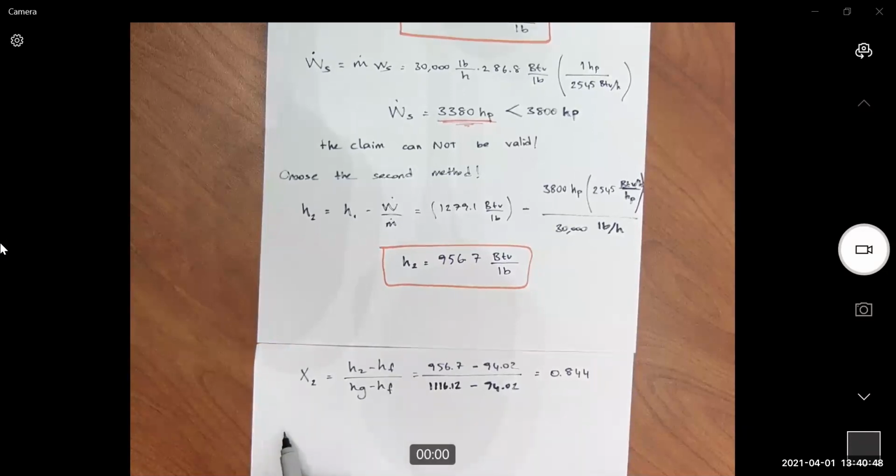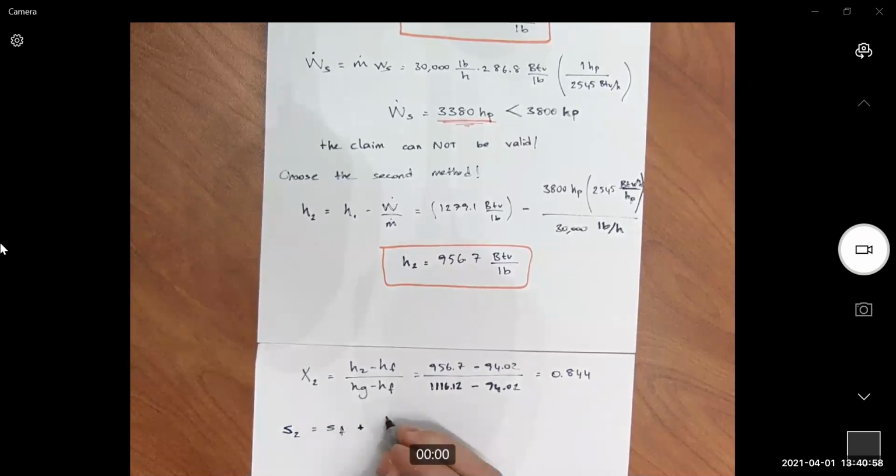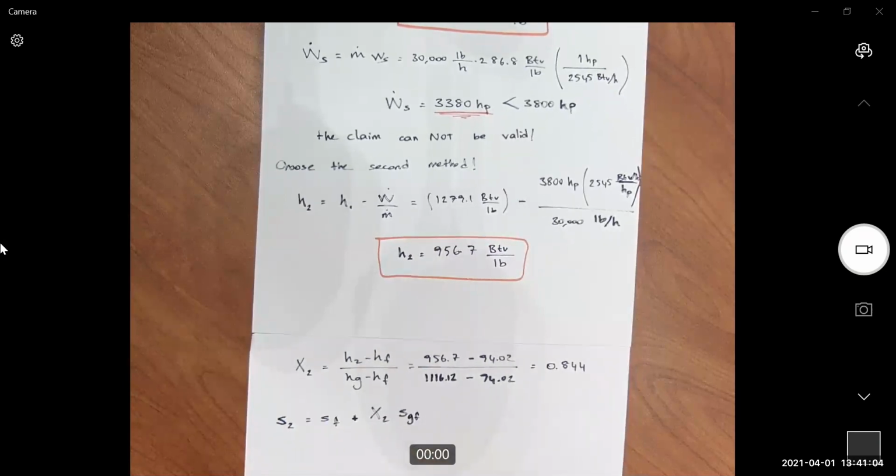Okay, so now I can find my entropy at the exit. S2 equals SF plus X2 times SFG.